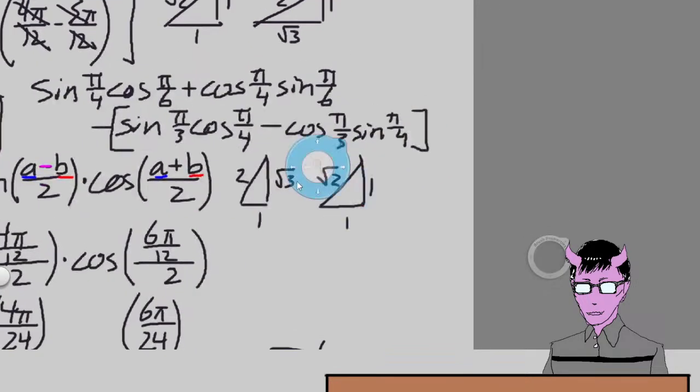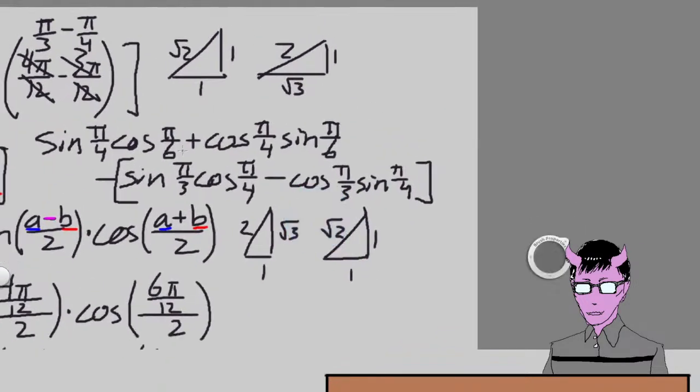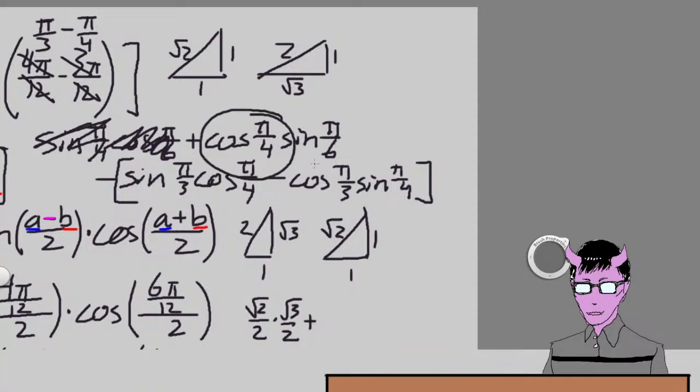Okay, so to evaluation, we have sine of that one, cosine of that one, and you'll notice I'm crossing things out because that's a lot to keep track of. It's plus cosine of that one, sine of that one.